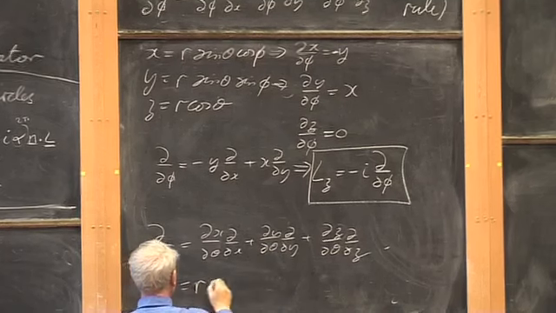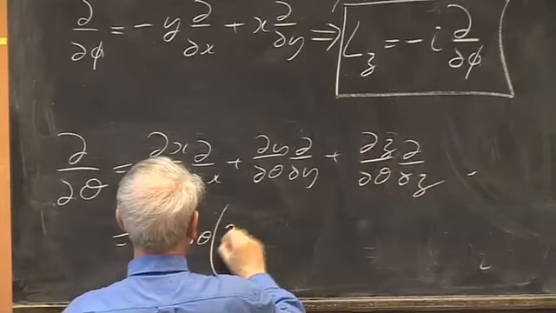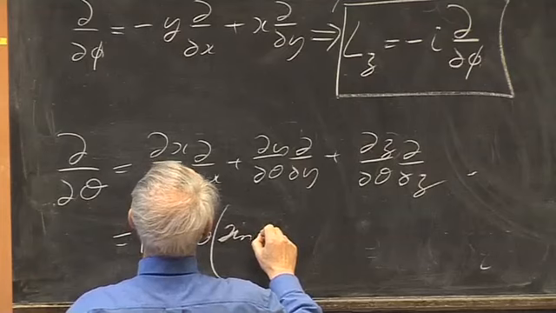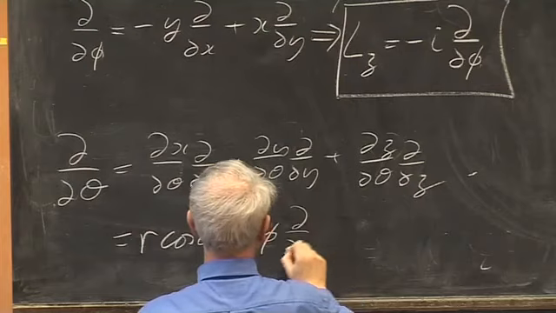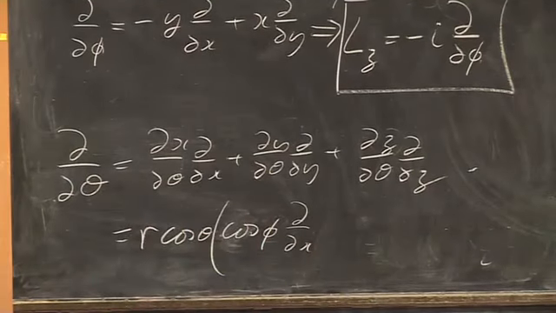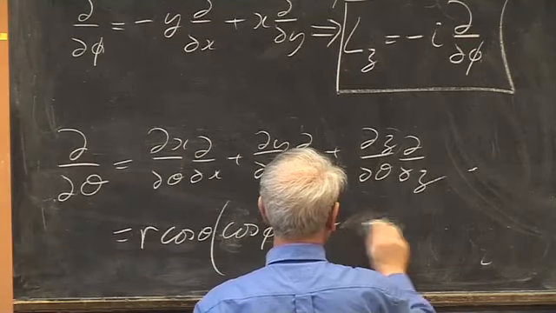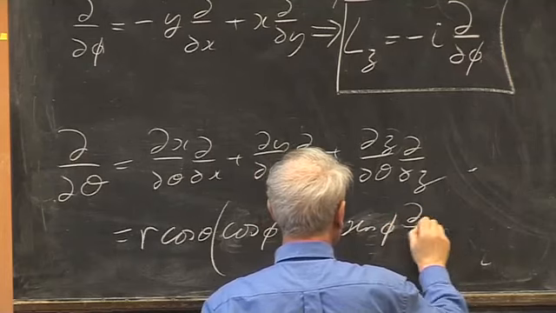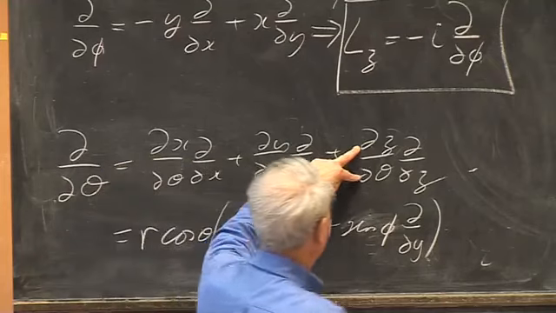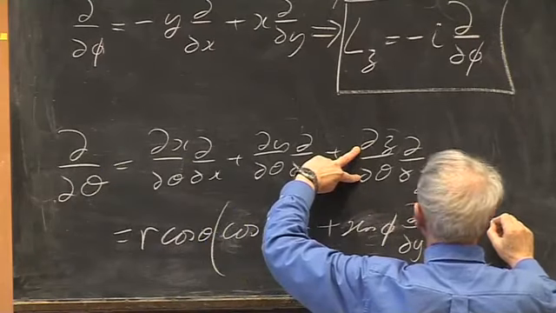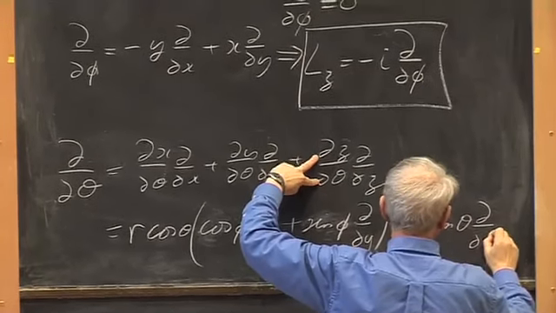So with a common factor of r cos theta, open a bracket, we write cos phi d by dx plus sine phi d by dy. And then finally we have dz by d theta, which is going to be minus r sine theta d by dz, because we're differentiating cos.